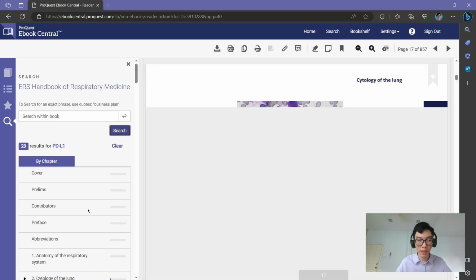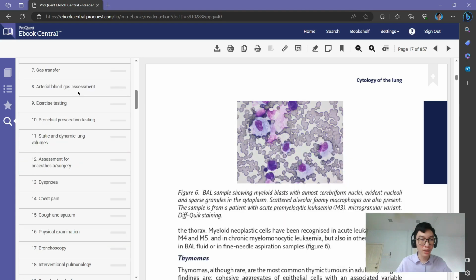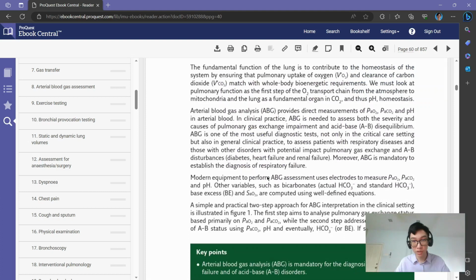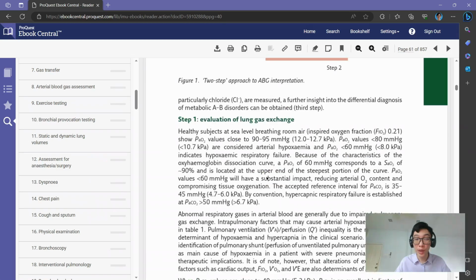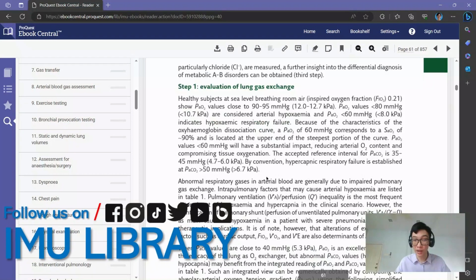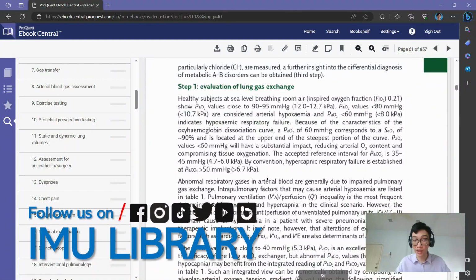Let's go to a diagnostic topic like arterial blood gas assessment. Let's see how it is. Again, you have your brief introduction, key points, interpretations, and steps to evaluation of lung gas exchange. Very in depth.